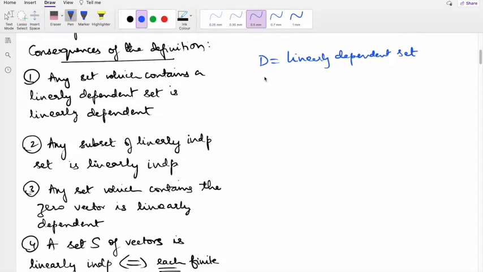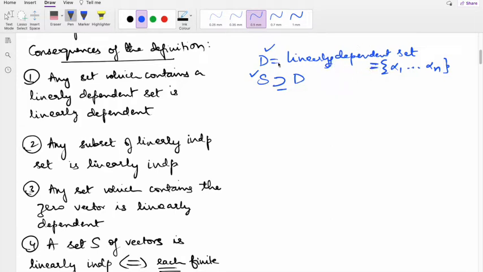Now I will have S, which is a superset of D, so it contains the elements of D also. I'm saying that since D is linearly dependent, S is also linearly dependent. Why is that? Let's say D contains elements alpha 1 to alpha m. You can prove this for an infinite set also; I'm just proving this for finite sets because it's easier to understand. The same proof applies for infinite sets.